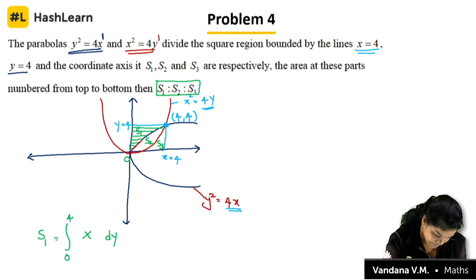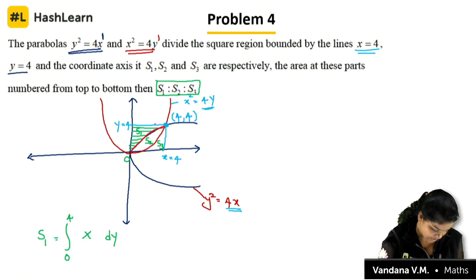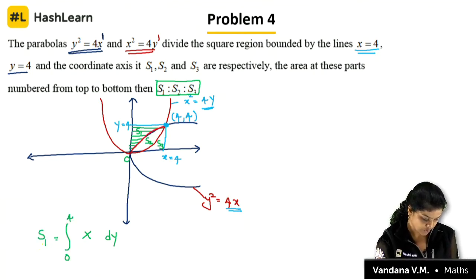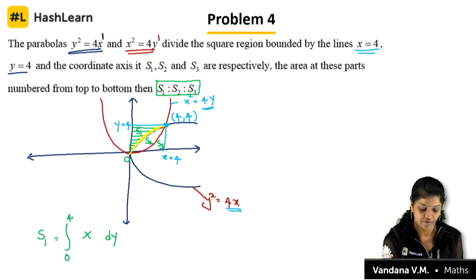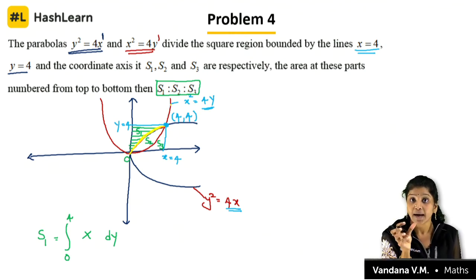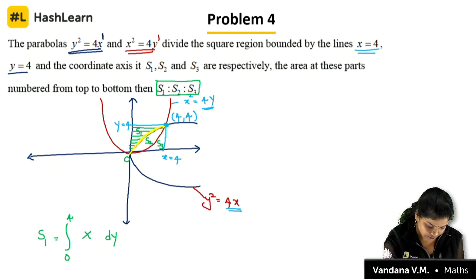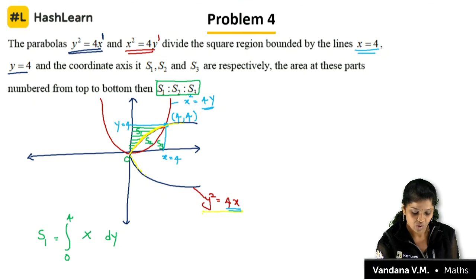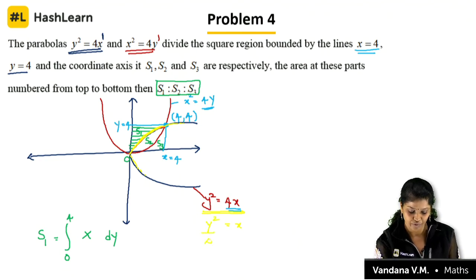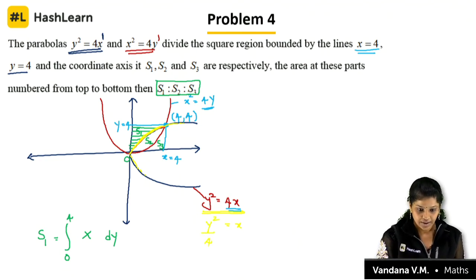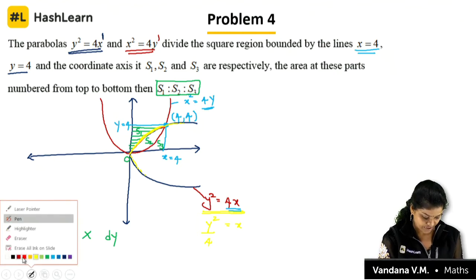Here this curve, let me do it with another color because you will get confused with the red, this curve from 0 to 4, that area I require. If you extend and see, this is y square is equal to 4x. I want x, that is x is equal to y square by 4. Clear? Yes, correct, Devi Priya, correct.